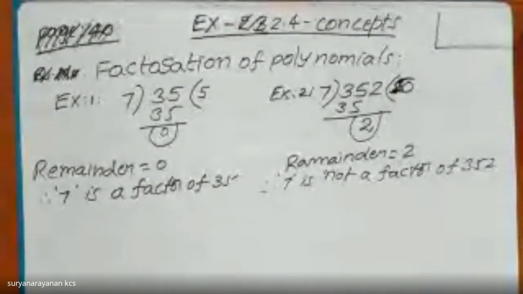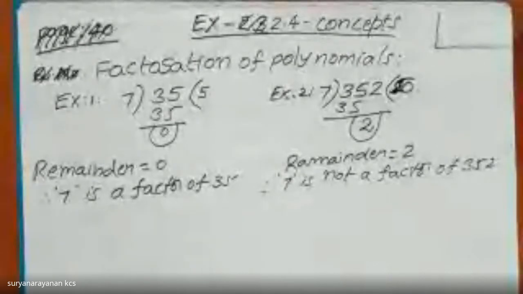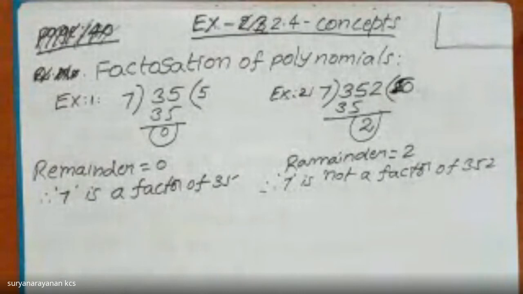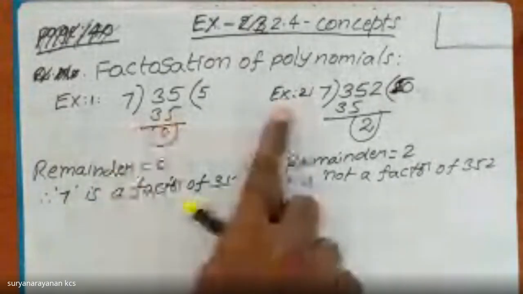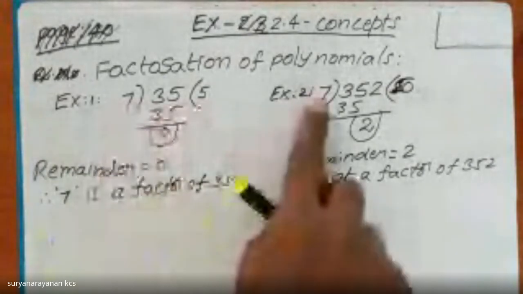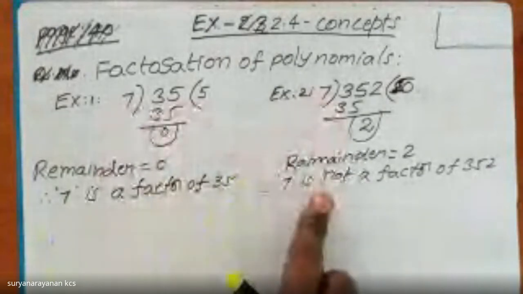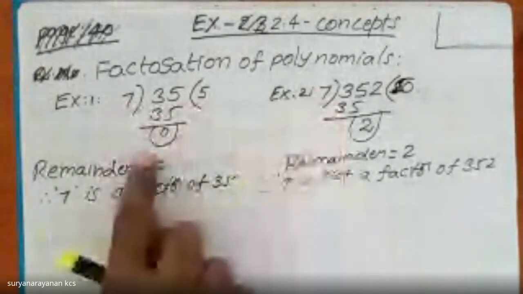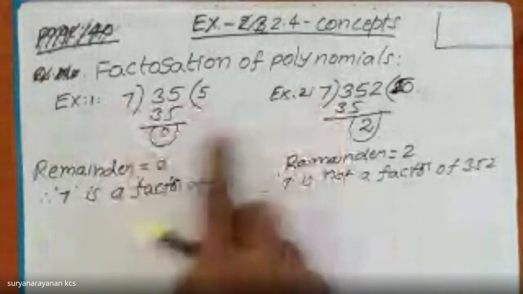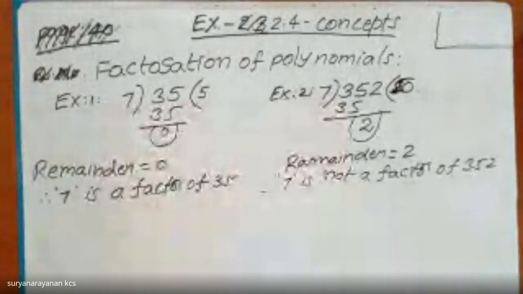By giving importance to the remainder, you said this number is a factor of this number and this number is not. The same concept we can apply to polynomials also.